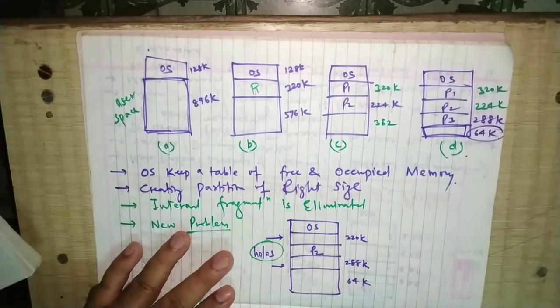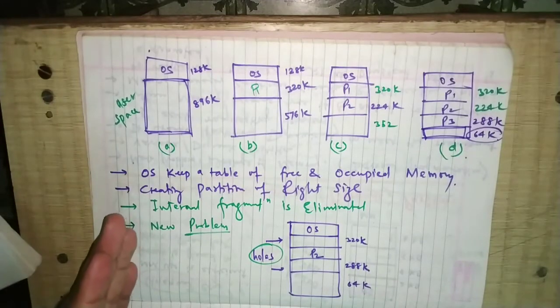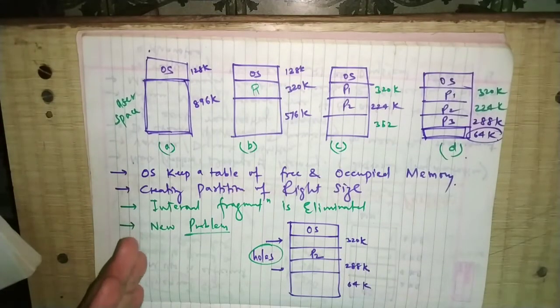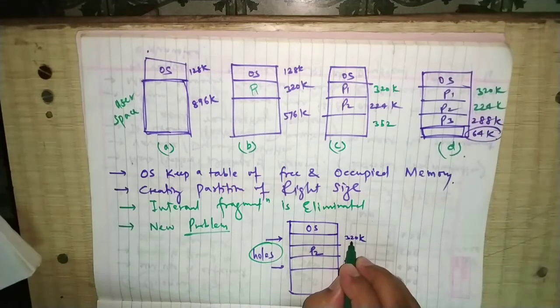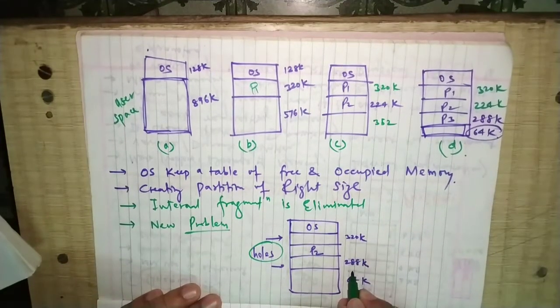Because when any other process wants to come and execute, there is very low probability that the process coming for execution has exactly the same requirement, that is 320k or 288k.